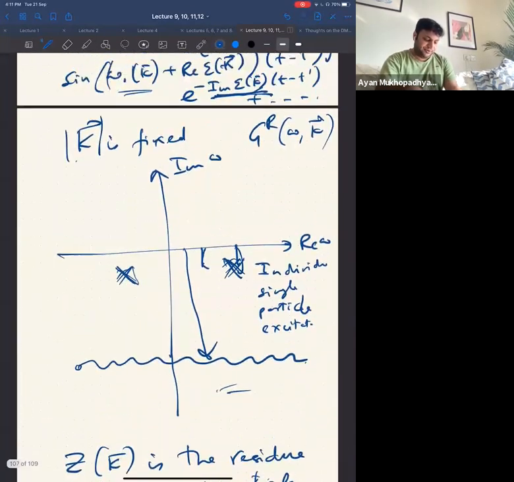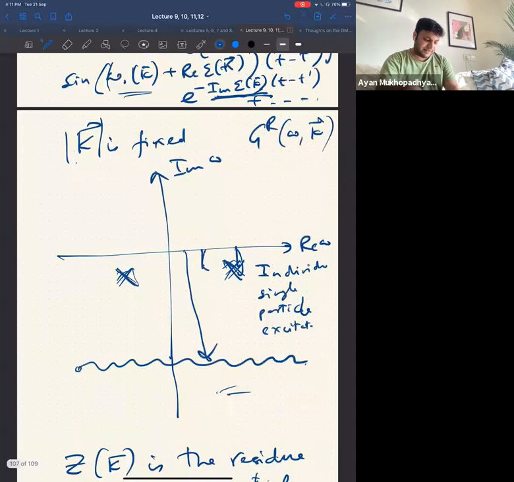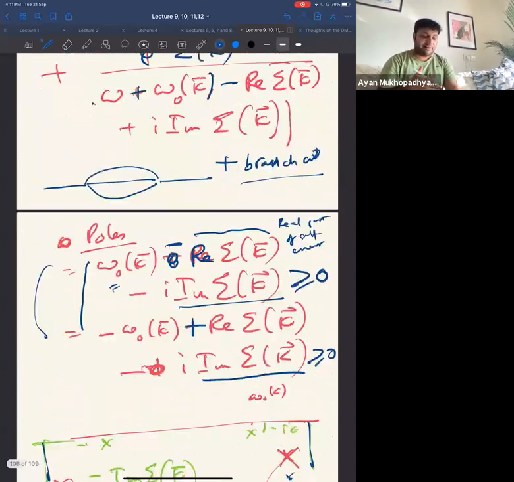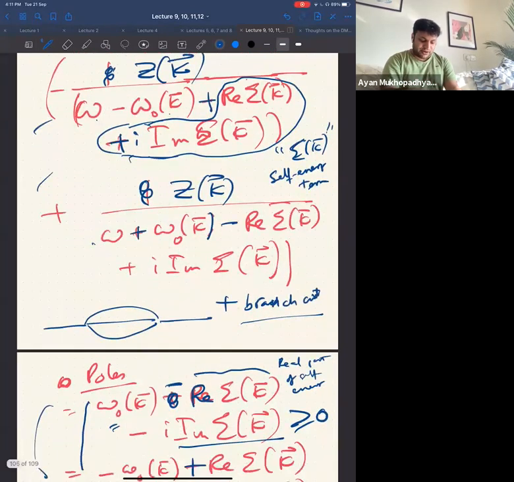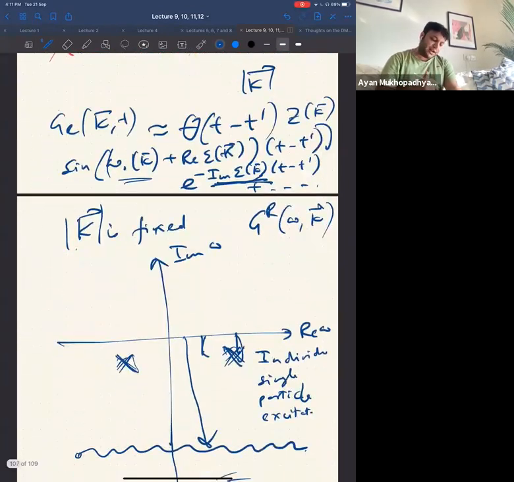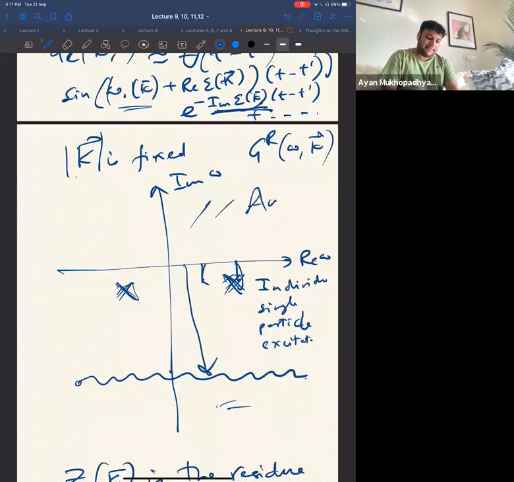And the way to see it is as follows: we identify them with the analytic structure of G_R(omega, K). Now, G_R(omega, K) cannot have any pole or branch cut here, because it's completely analytic here, right? It has to be completely analytic because it's a retarded response function. If this imaginary part becomes positive, the interpretation is simply that it's an unstable system.